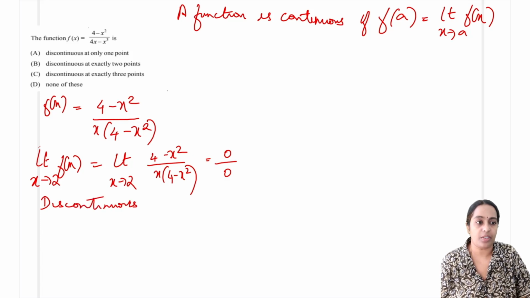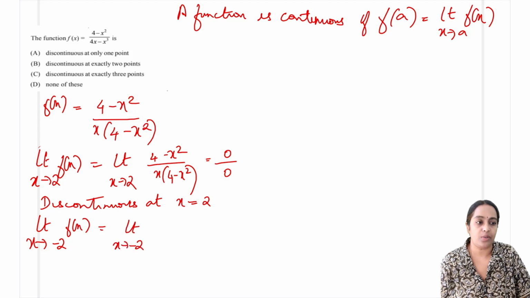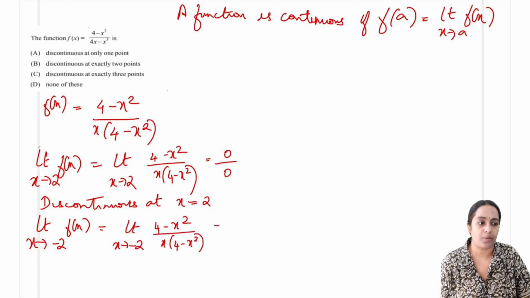So the function is discontinuous at the point x is equal to 2. Now limit x tending to minus 2. Let me check for minus 2 value, f of x. So limit x tending to minus 2, the function is (4 minus x square) divided by x multiplied with (4 minus x square).